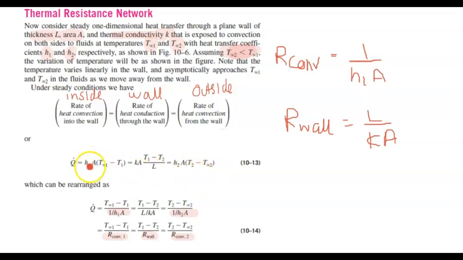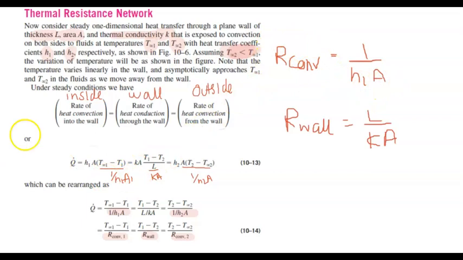Now I can bring this thing down: 1 over H1 A. I can bring that K A down as well, L over K A, and this one 1 over H2 A. Now remember, 1 over H1 A is R convection.